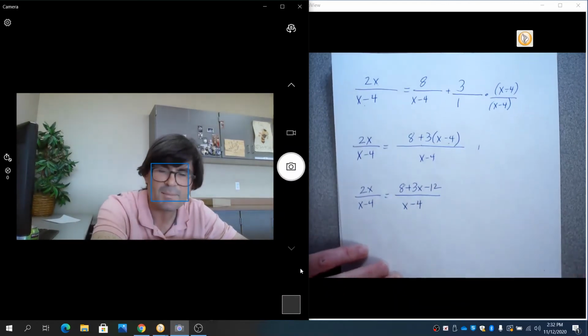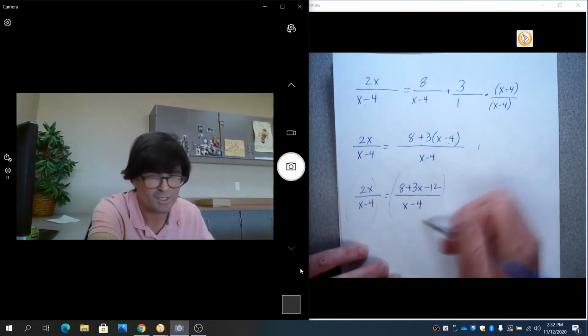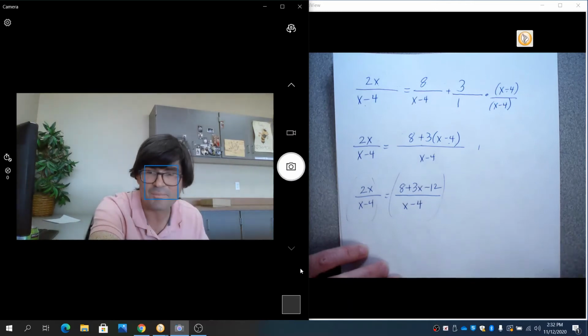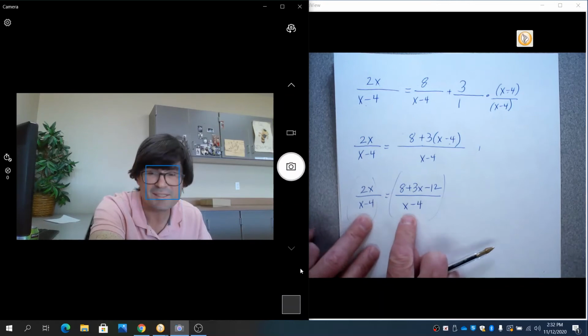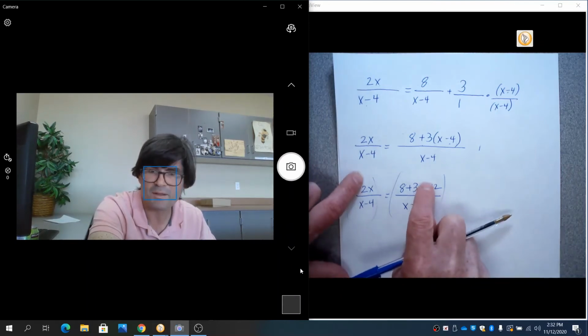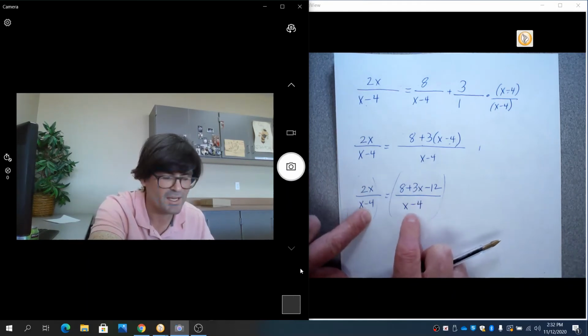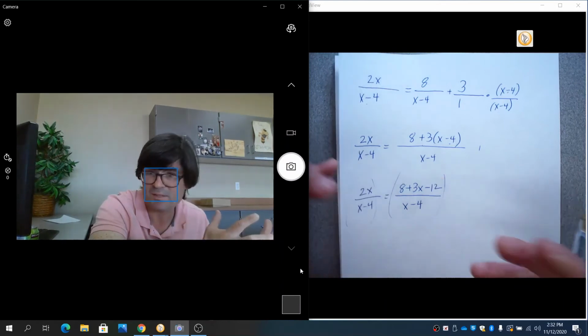If you get the same denominator in both fractions, earlier when I had one fraction equal to another fraction, I cross multiplied. Here, you can skip that step if the bottoms are already the same, because if the bottoms are the same and the tops are the same, the fractions are the same.